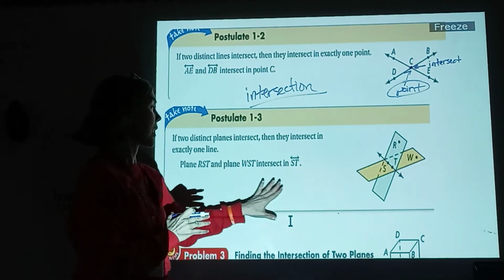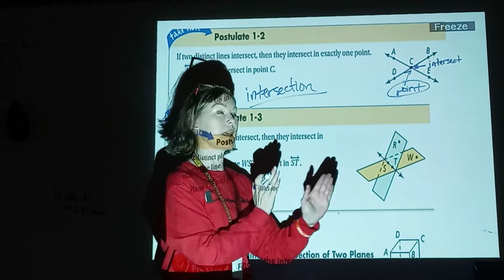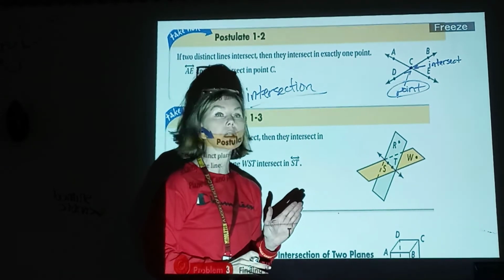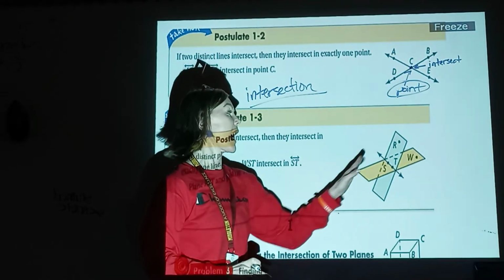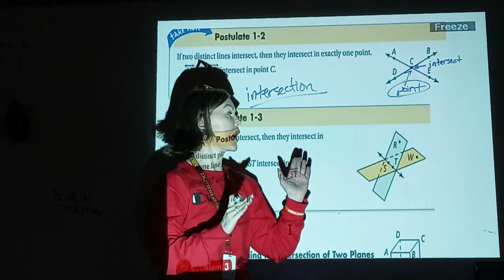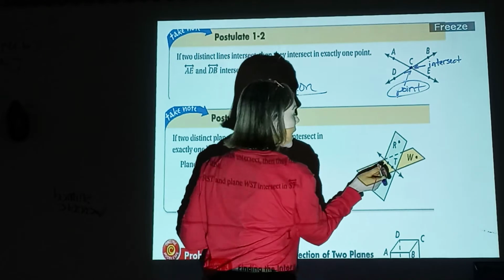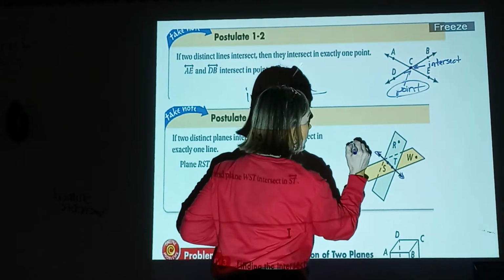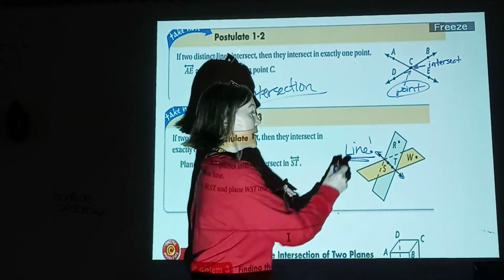But now we're going to talk about where two planes intersect. So you can see the yellow plane, and we should be able to name the yellow plane. And you can see the blue plane. Where two planes intersect, they form a line. Make sure you write that down.